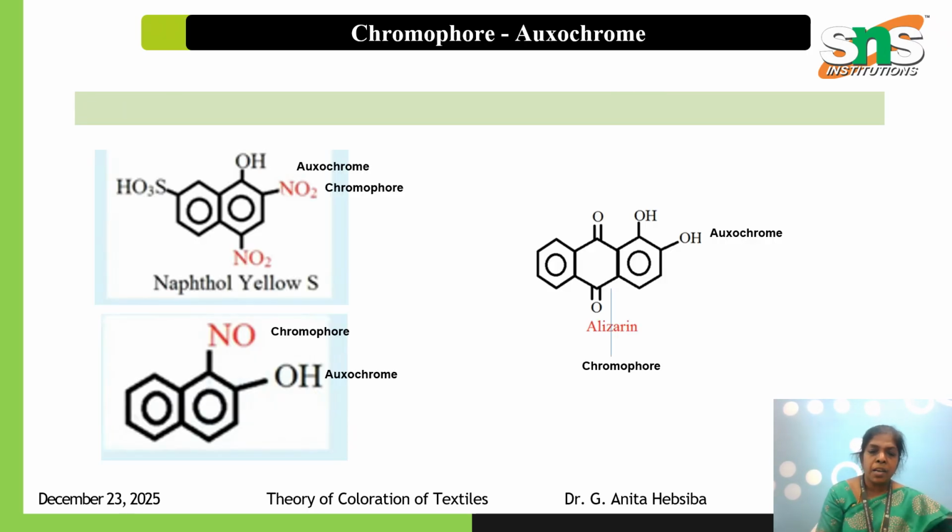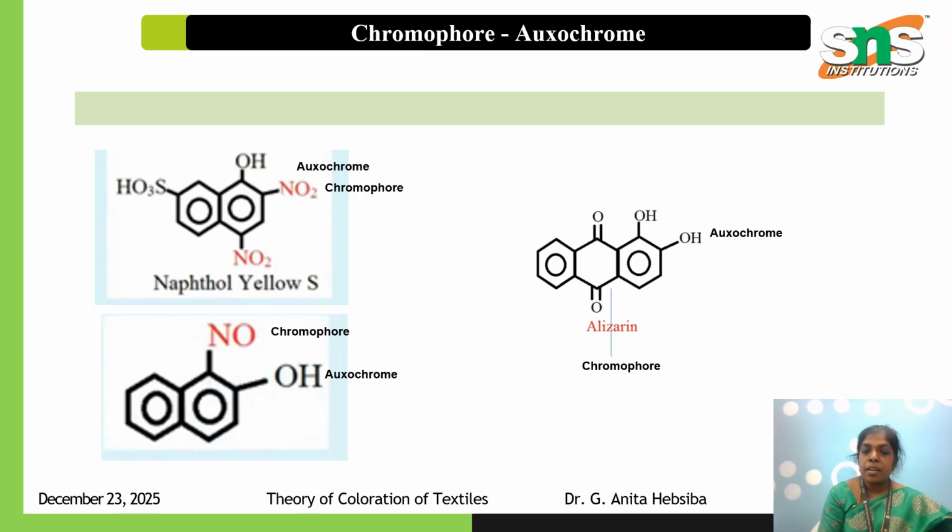Here you see some of the dye molecules, naphthol yellow, alizarin, etc. In naphthol yellow, NO2 is the chromophore which is responsible for the light yellow color. In the presence of the hydroxyl group, that is the oxochrome, the color of the naphthol yellow becomes somewhat intensified to get a bright yellow color.